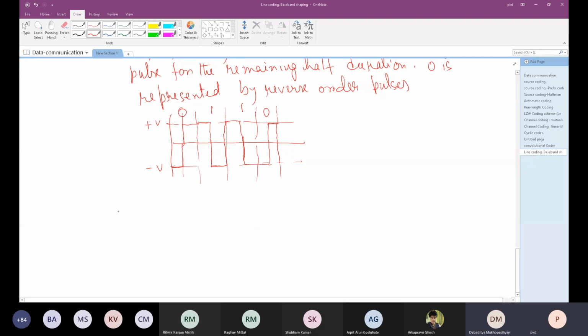But the purpose of our discussion is that for these line coding schemes, we will estimate the power spectra of the signal. These are also known as discrete pulse amplitude modulation.